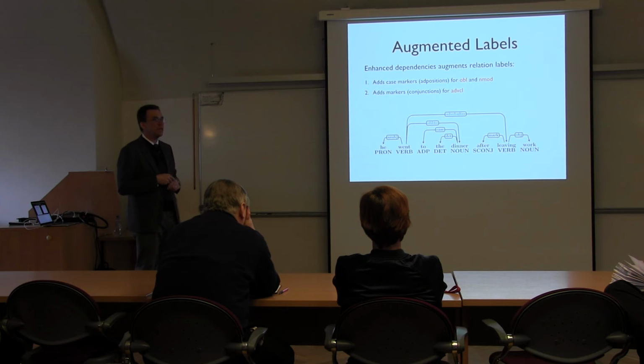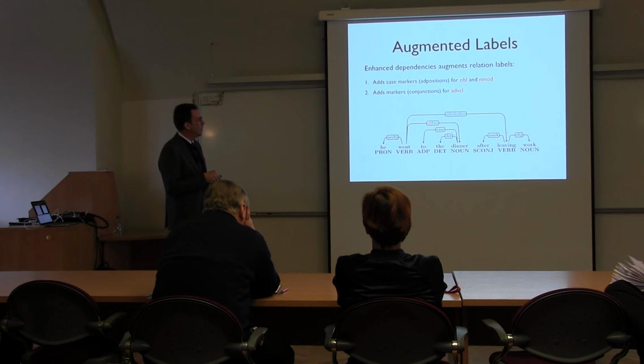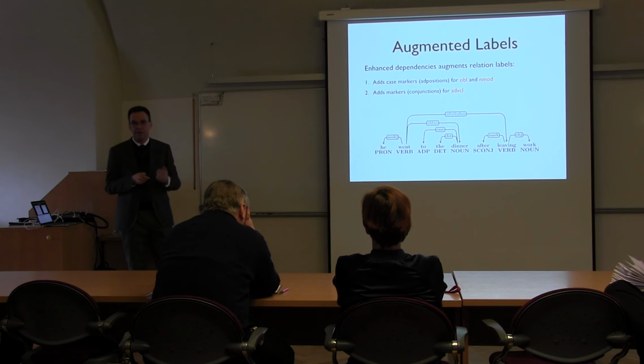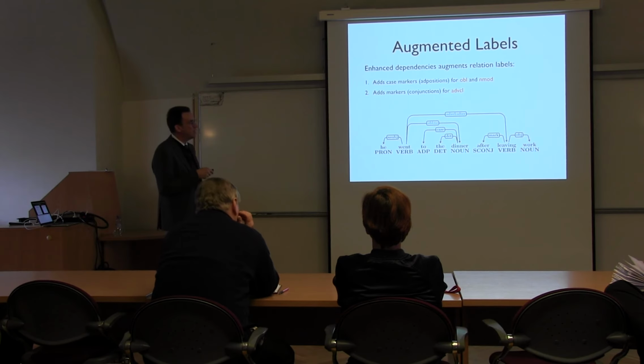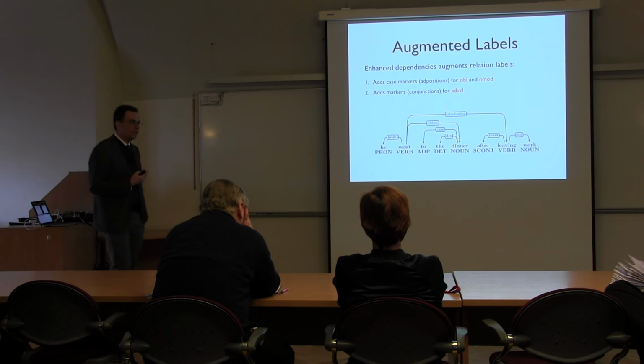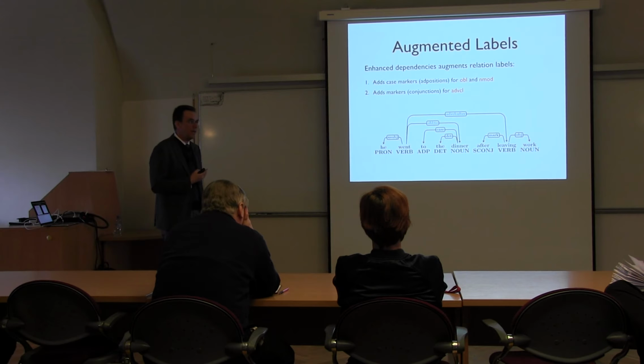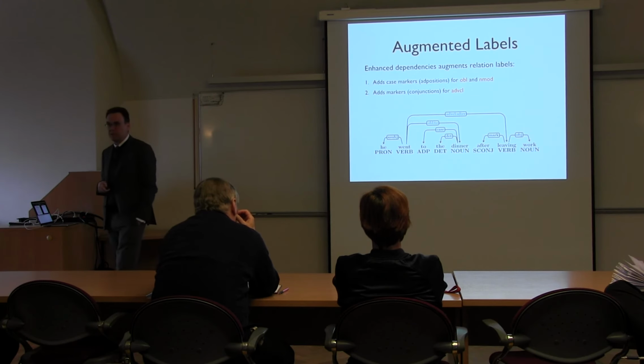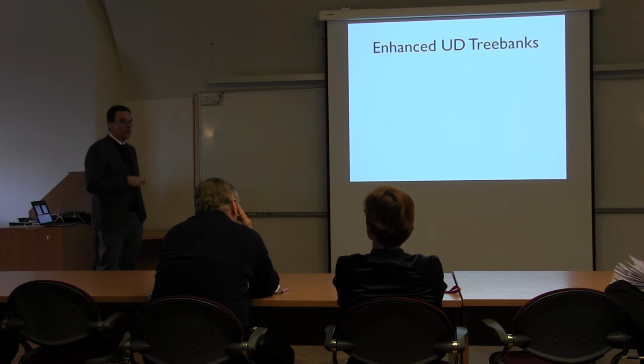And the enhanced dependencies just makes that information more easily available to NLP systems that prefer to have everything represented as a single link, so that we get, so oblique to is a different relation from oblique in or oblique by, for example, and similarly for adverbial clauses. But as I said at the beginning, this is just a sort of practical convenience. It does, unlike most of the other cases that I've shown, it doesn't actually add any information that wasn't in the basic dependencies.